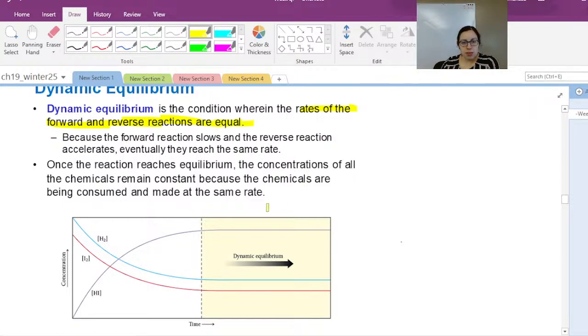And so then they have the same overall concentrations. That's not to say that the reaction isn't going on. At an individual molecular level, there's smashing and combining and going apart, but the overall concentration remains the same. So concentrations of our chemicals remain constant.